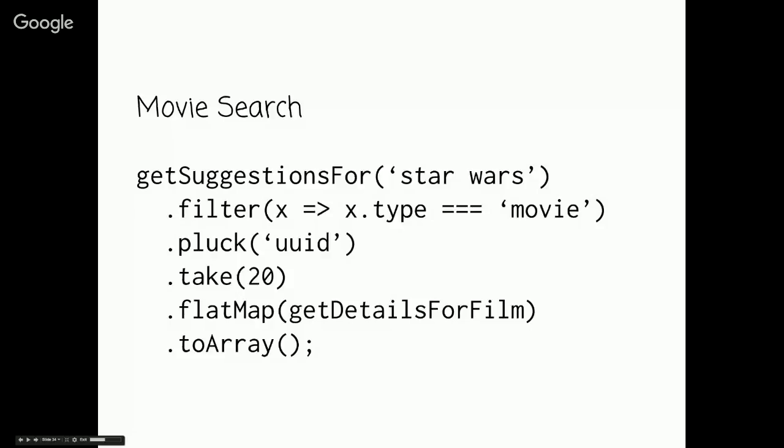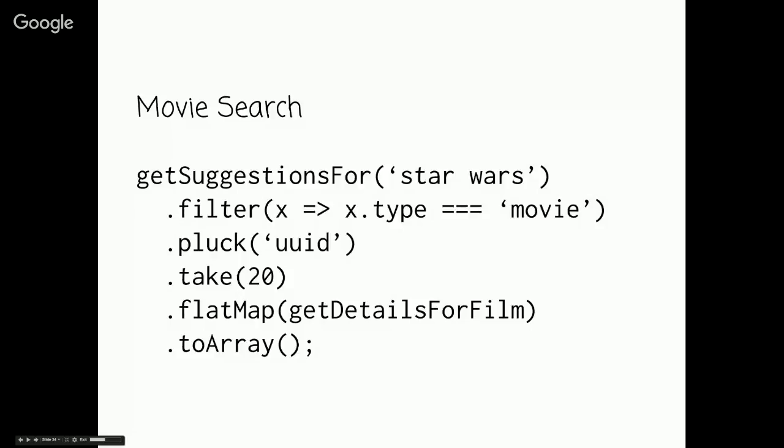So the search really is as simple as this. How we actually implemented it: we already had this get details for film function because we were using it to expand out the tiles. If you remember, Tomorrowland is the first tile. That's just represented by a UUID. So we use this function to go after those two endpoints to get all the details so we could put it in the movie tile.